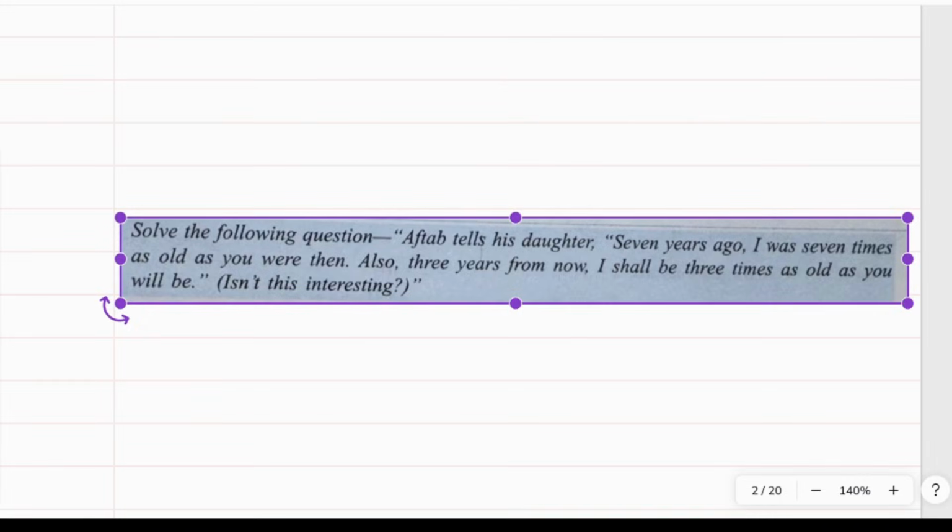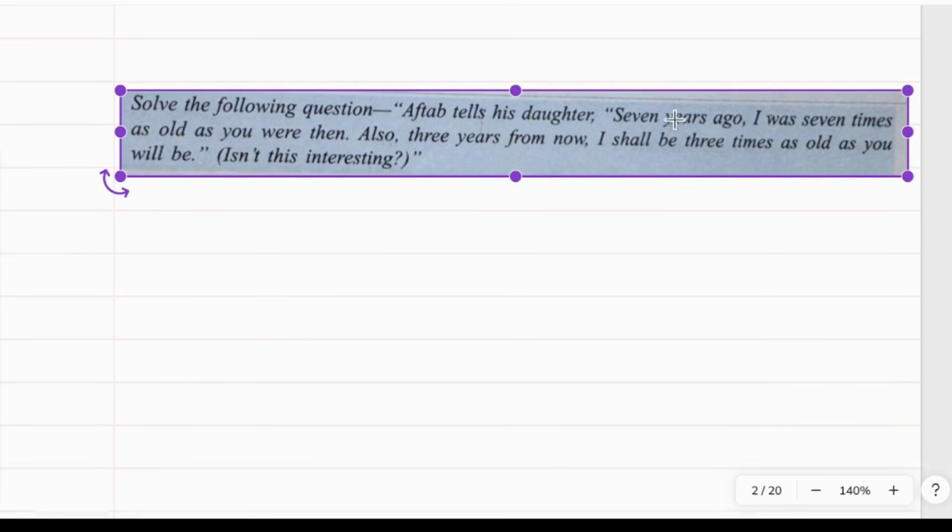So what I will do here is that we have to first take x and y as the present ages. Okay, here it is telling about the ages, right? So I'm going to let x and y be the present ages of whom?